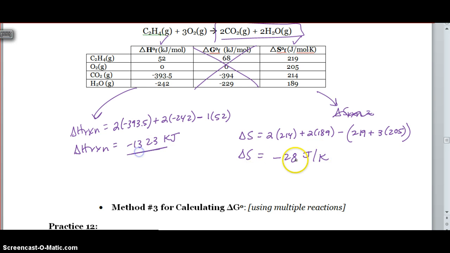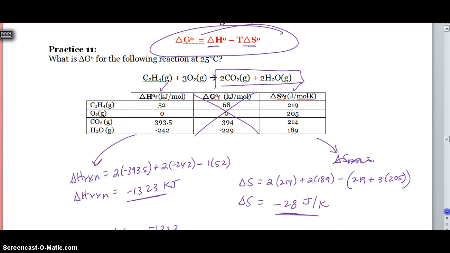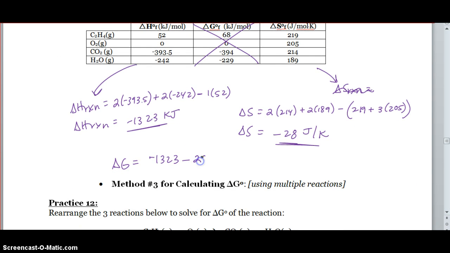Okay, so now I've found my delta H and my delta S, and so now I just do negative 1323 minus temperature, which I believe was 25, yep, so 298 Kelvin, and then times, we want to be careful because this is in joules, so I need to change it to kilojoules in order for the math to work. So I come up with negative 1314 kilojoules for this reaction.